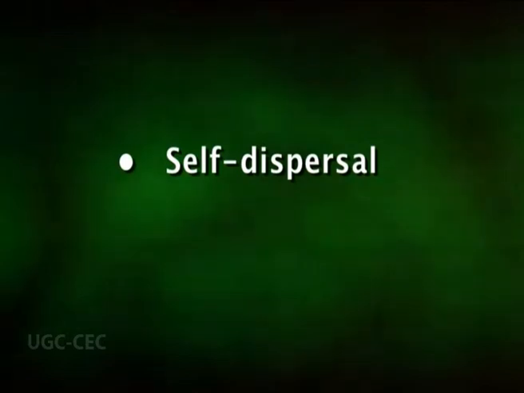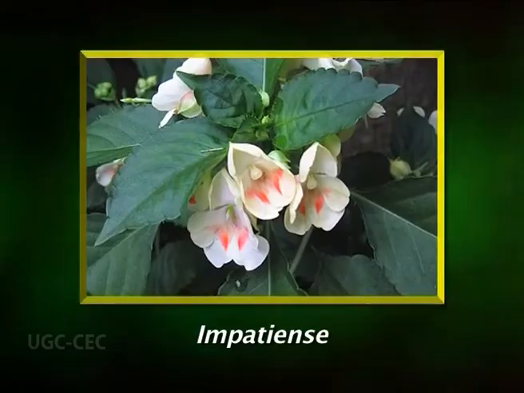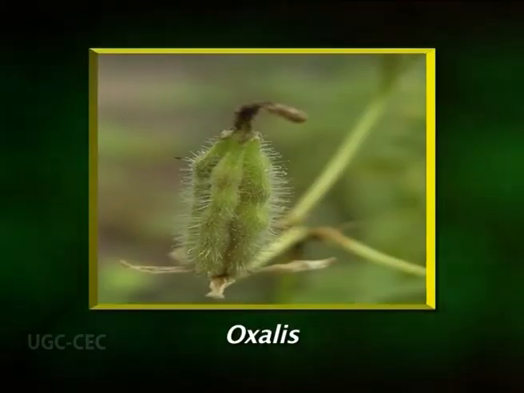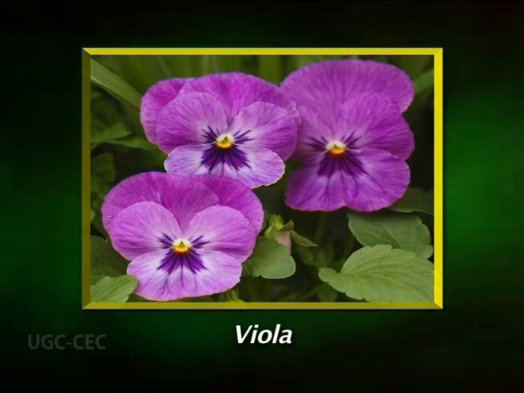Next is self-dispersal. Some plants do not involve external agencies in the dispersal of their seeds. Instead, they produce explosive fruits which burst open forcefully, therefore dispersing the seeds. Such a mechanism of dispersal is known as autochory. The fruits of Impatiens, Oxalis and Viola explode and twist on being touched.